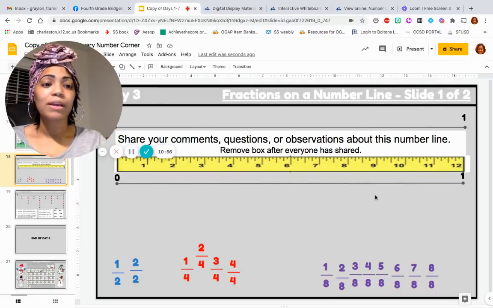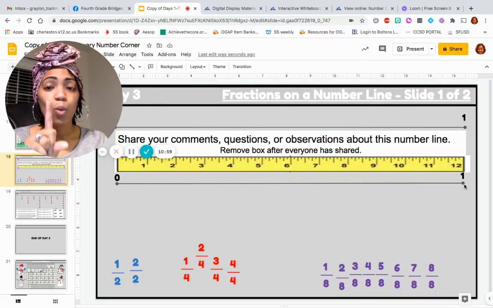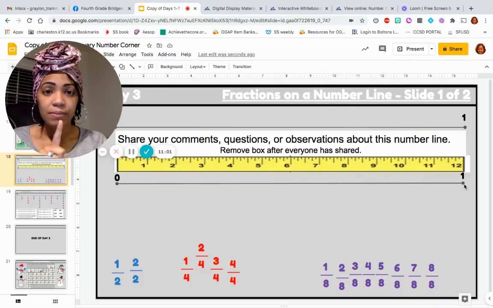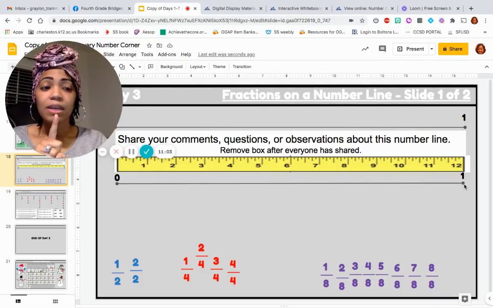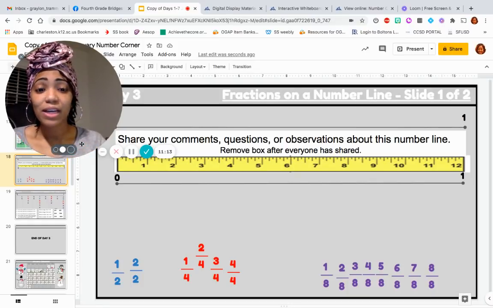So this number line right here is representing 1 foot, which is the same thing as saying 12 inches. Normally I would ask you to make observations about that before telling you, but I wanted to make sure it was very clear about what's happening here before we go any further.